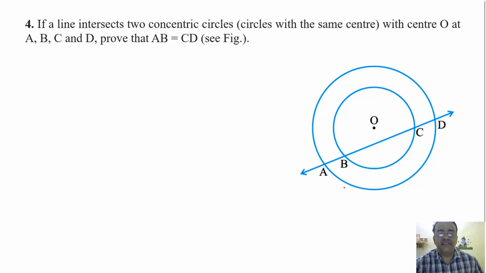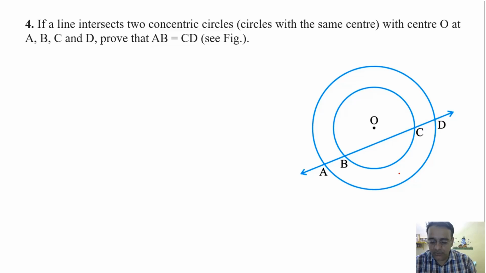If a line intersects two concentric circles, I already told, two or more circles with the same center are called concentric circles, with center O, at A, B, C, D, prove that AB is equal to CD. So AB is equal to CD we have to prove.